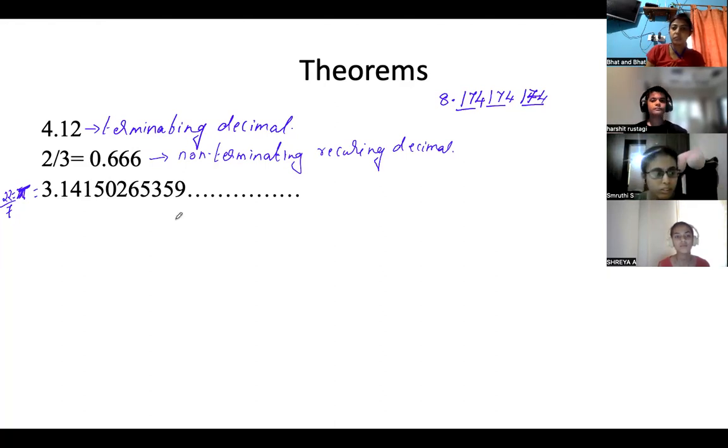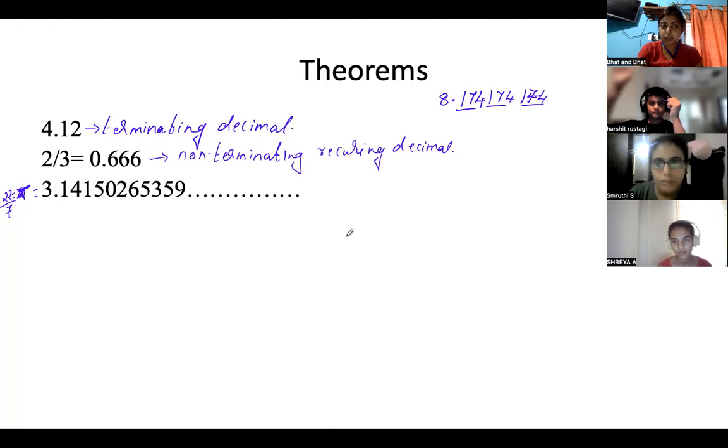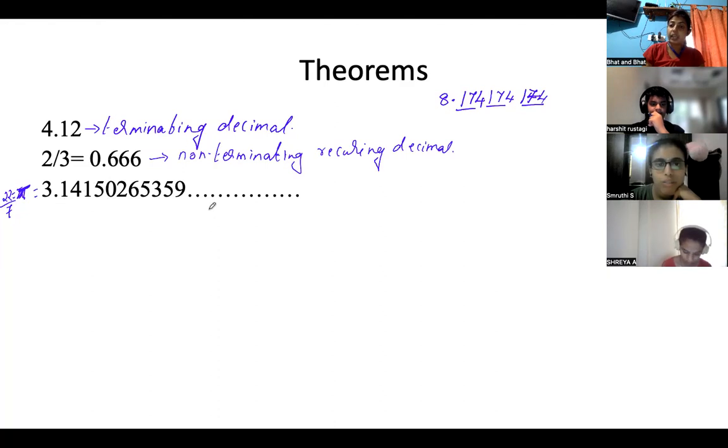It will not repeat like that. This type of decimals, we call non-terminating because there is no end for it. These are non-terminating and non-recurring decimals.